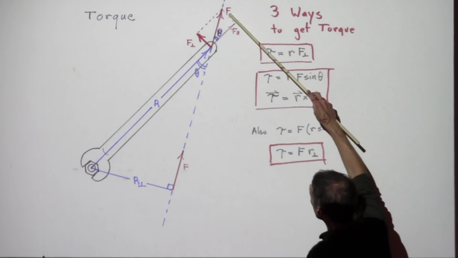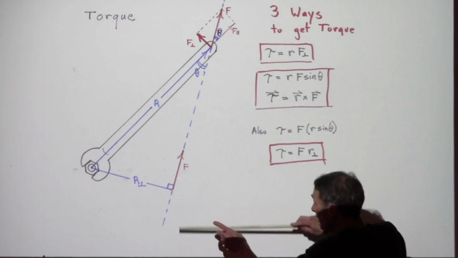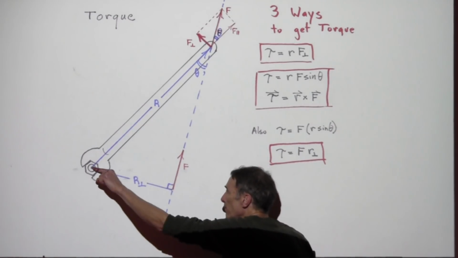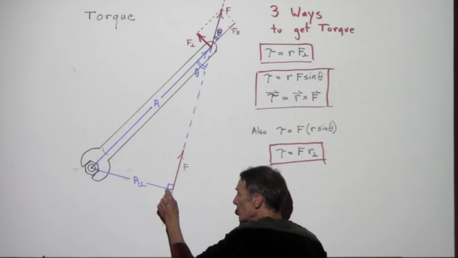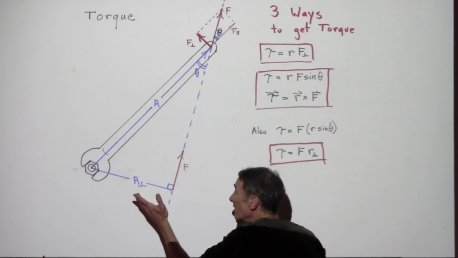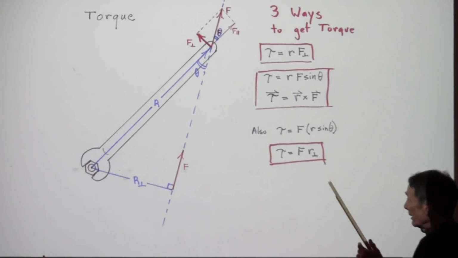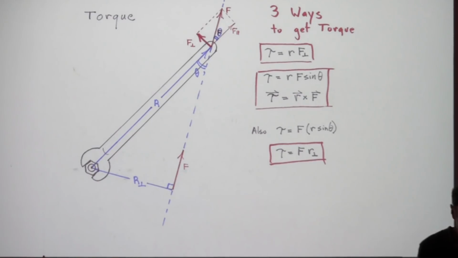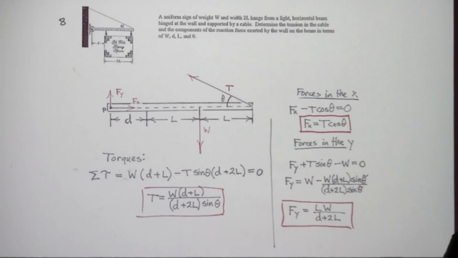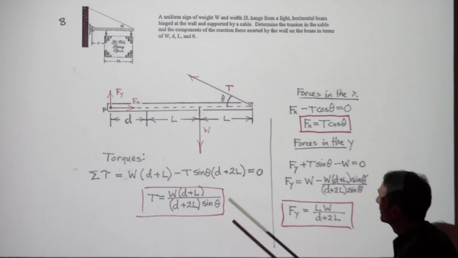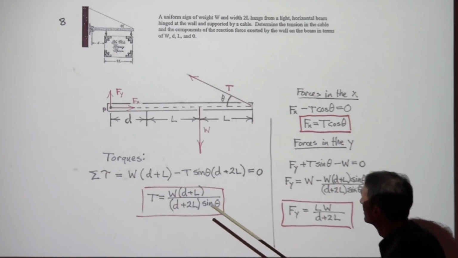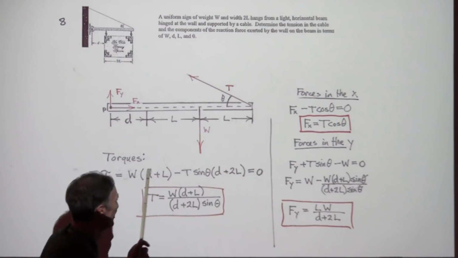You just take that force, slide it along its line of action, and apply it at a point that is perpendicular to your point of rotation, and then immediately you can calculate your torques. So let me show you this in action.